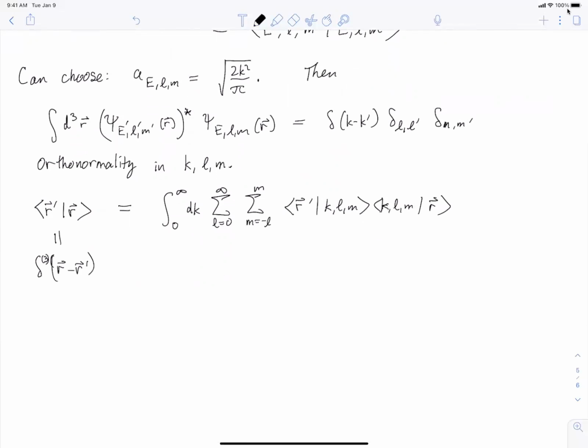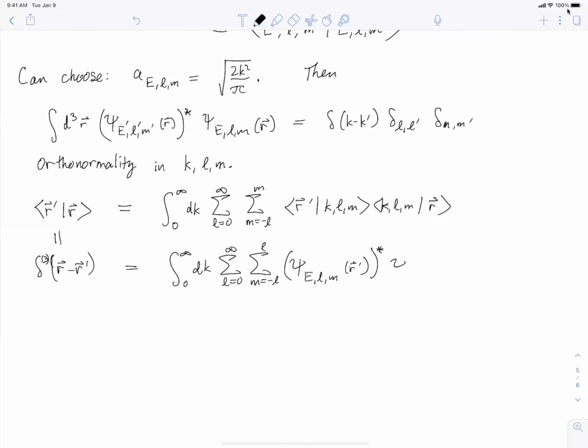And on the other hand, the right-hand side is equal to, just rewriting the integral, but now in terms of wave functions. So there's a complex conjugate and then a psi E L M.